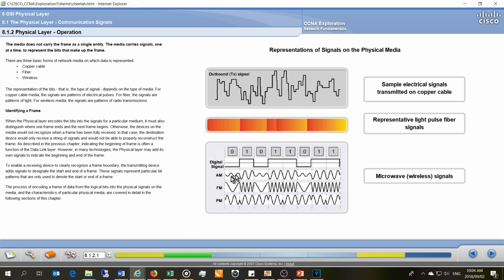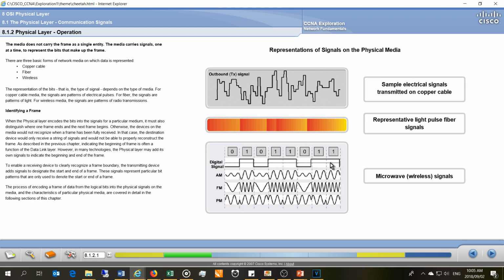A digital signal, there's the digital information that we are trying to send. Remember that computers speak binary, they don't speak analog. So there we go, AM. The digital signal has to be modulated, and there's the analog techniques, AM, FM, and phase modulation. The point is, when it gets to the other side, we can then demodulate and get this digital signal back.